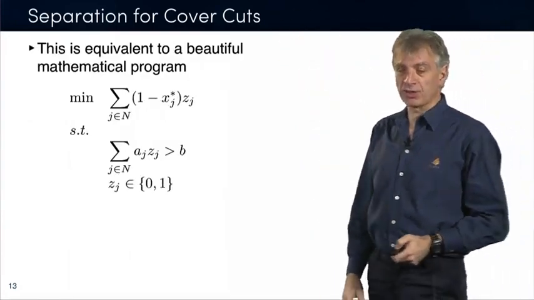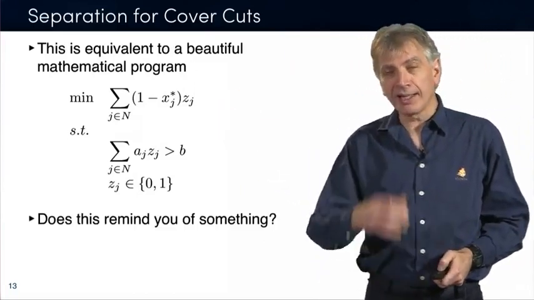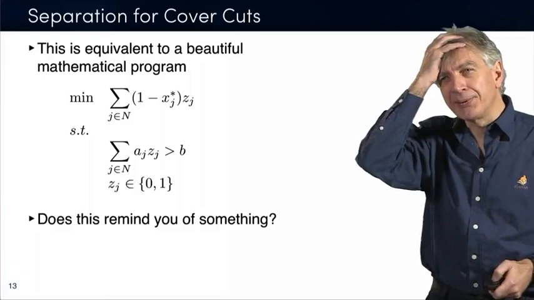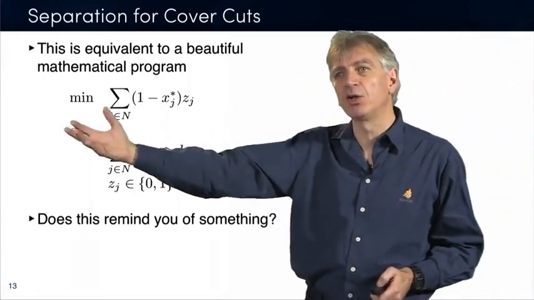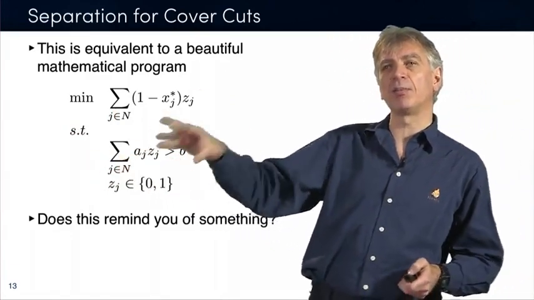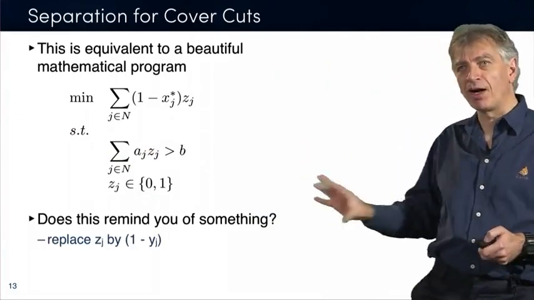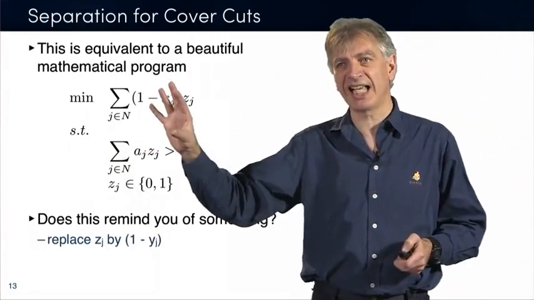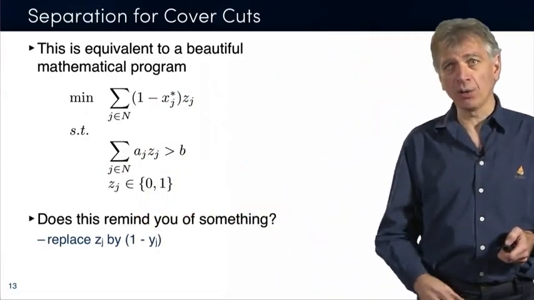So I told you this is this beautiful mixed integer program. And the question that I'm asking you is, does it remind you of something? It's minimizing a linear sum of 0, 1 variables subject to the sum of these variables being greater than something. Well, if I do a variable transformation, rewriting zg into 1 minus yg, what do I get?